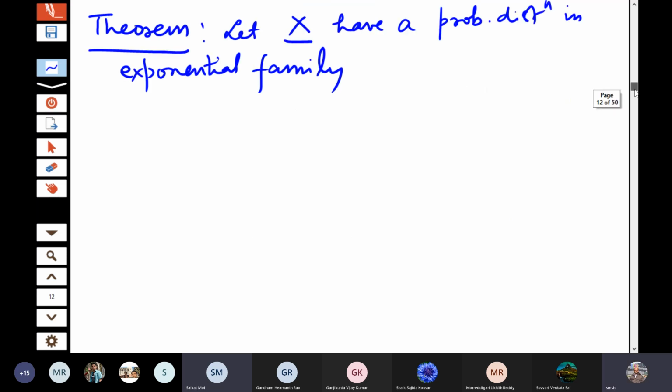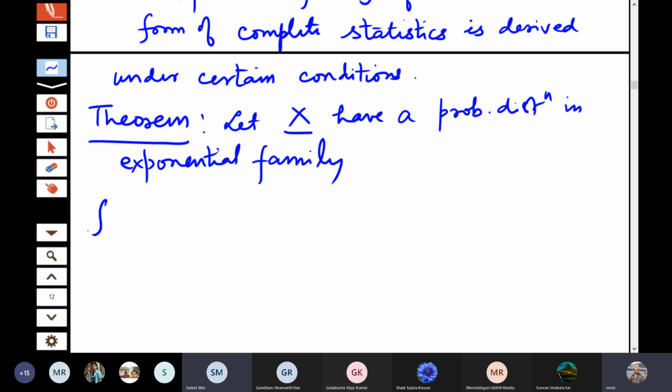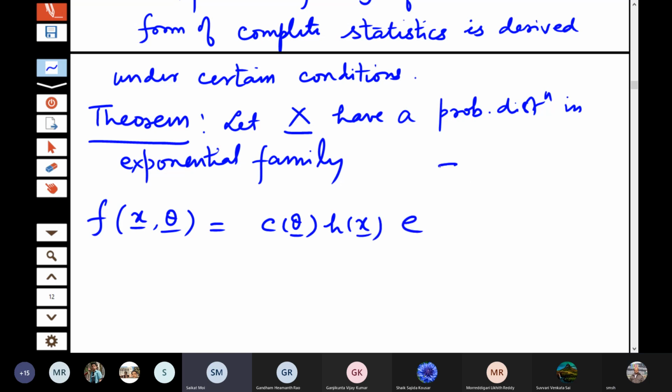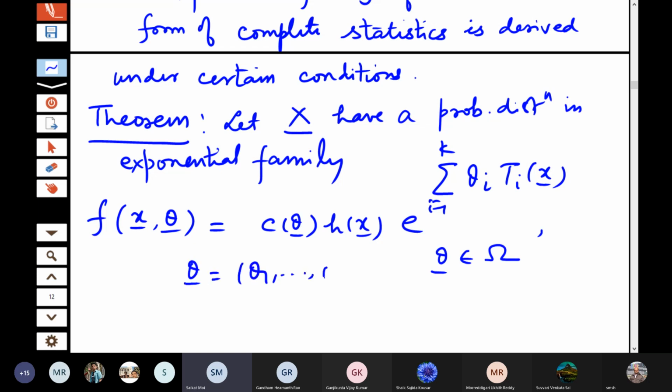So the exponential family I have already explained to you. Let me write the general form here. We have a k parameter exponential family.